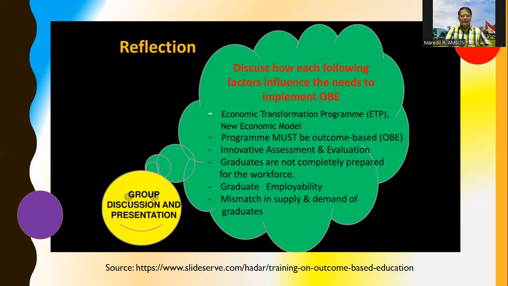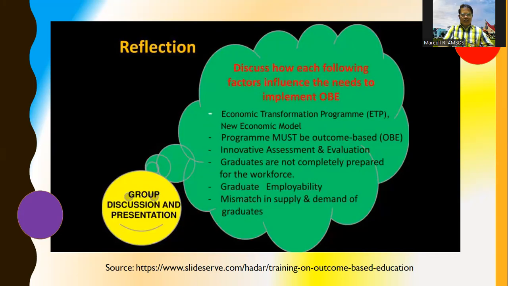Discuss how each of the following factors influences the need to implement OBE. The first is the economic transformation program, then the new economic model. Then the program must be outcome based, and innovative assessment and evaluation.